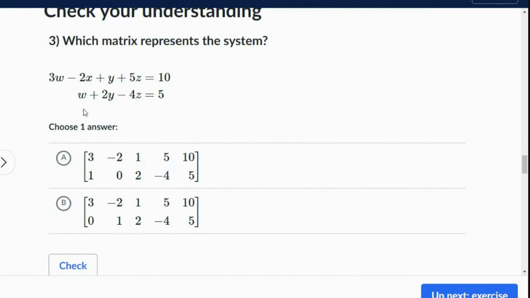But the second one, x plus 2y minus 4z equals 5. Is that 1, 0, 2, -4, 5 or 0, 1, 2, -4, 5? What's missing? Which variable is missing in this equation? And they go in order.